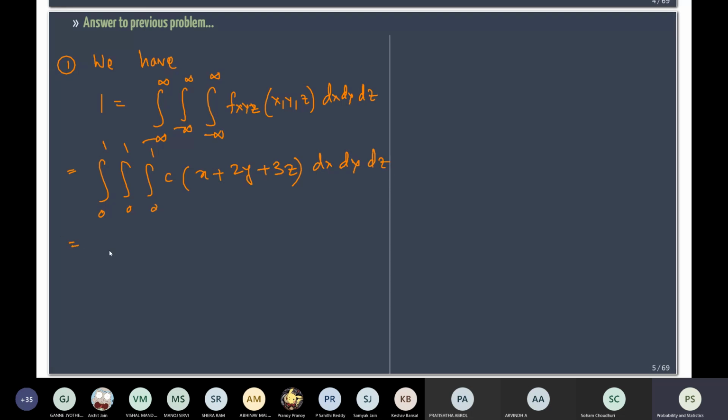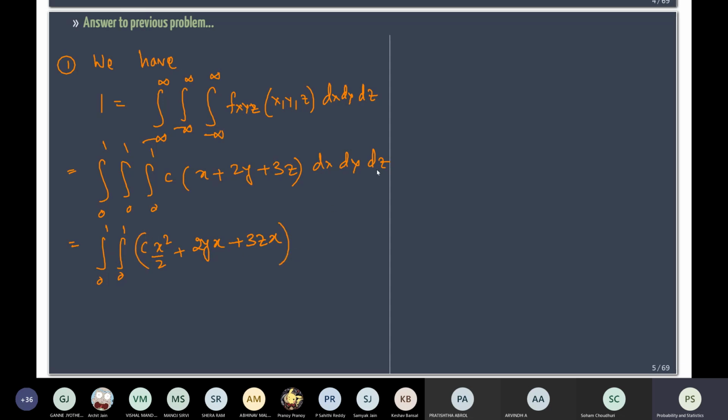And if we integrate this out, we have to do it one by one. If we integrate out x, we get x squared by 2 plus 2yx plus 3zx, from 0 to 1.